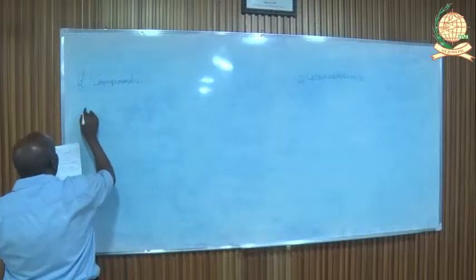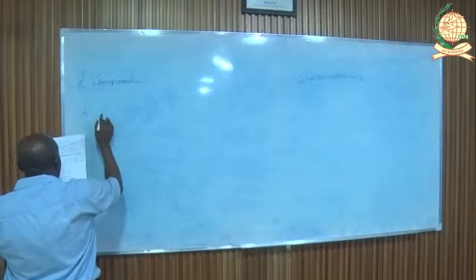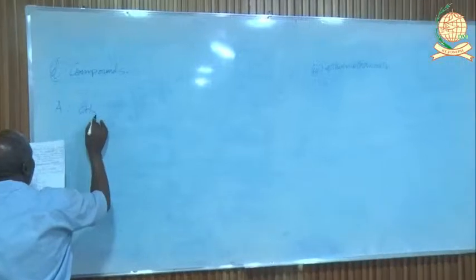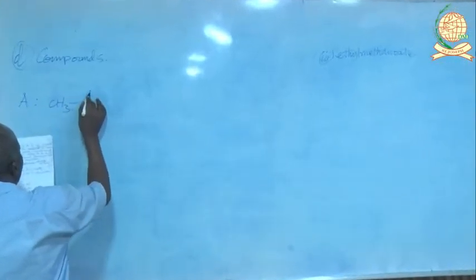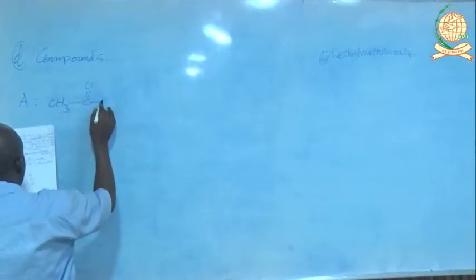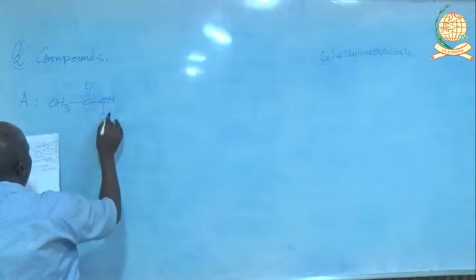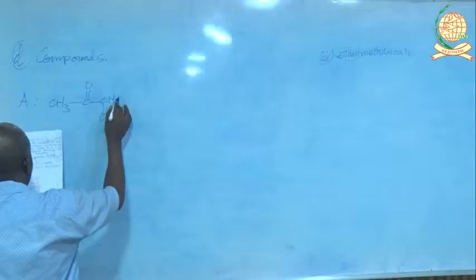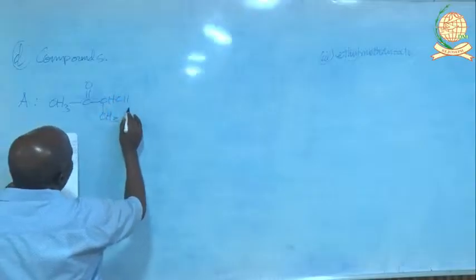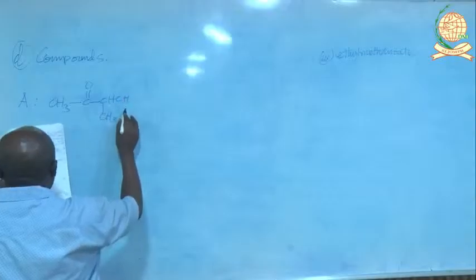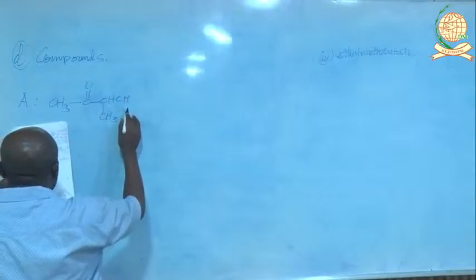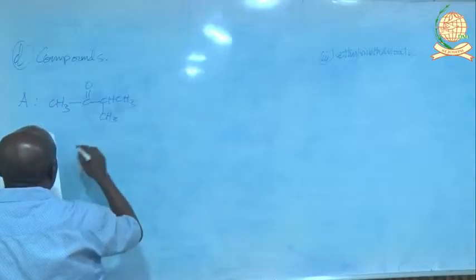Now, compound A is CH3, double bond, CH3, then CH3, CH2, CH3.